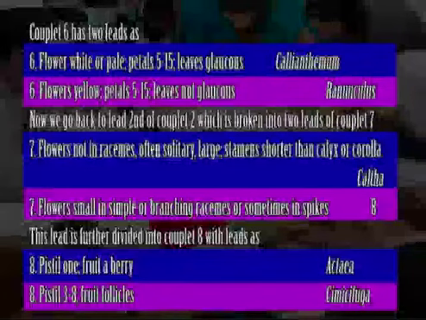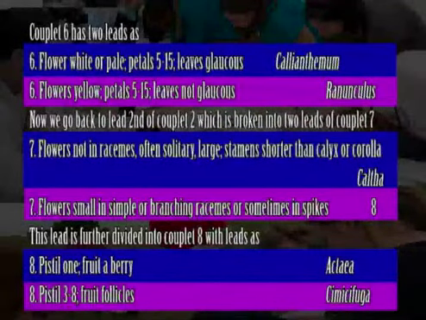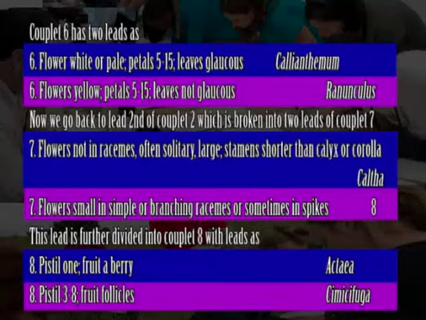This identifies Caltha, and the second lead of couplet 7 is flowers small in simple or branching racemes or sometimes in spikes, which leads us to couplet number 8. This lead is further divided into couplet 8, whose leads are pistil 1, fruit a berry, identifies Actaea, and pistil 3 to 8, fruit follicle, identifies Cimicifuga.